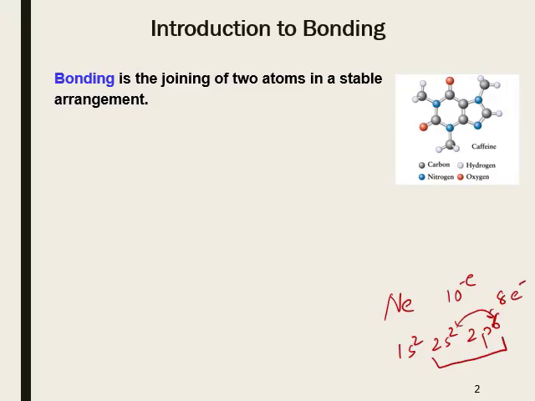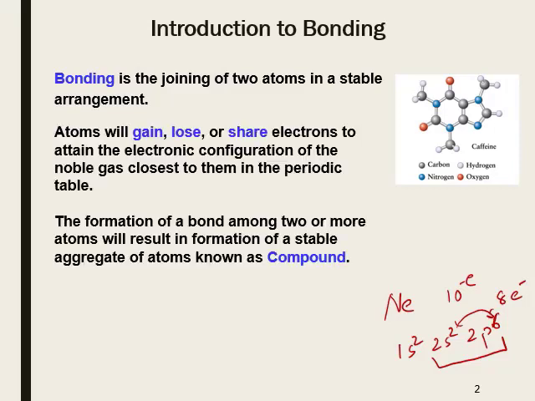All other elements want to be like noble gases, so they will either lose, gain, or share electrons. When they lose, gain, or share electrons with some other element, they form a bond. Bonding is the joining of two atoms in a stable arrangement.